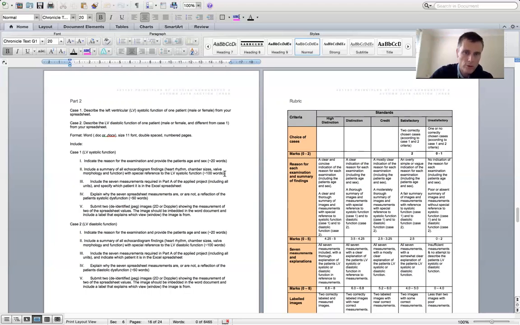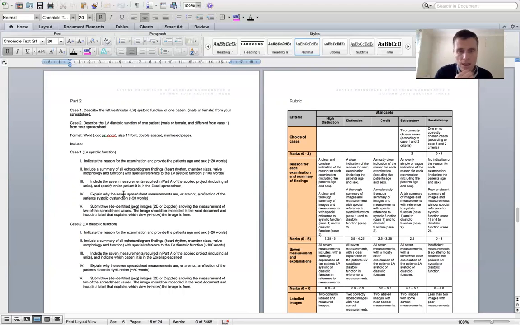So the report that you end up generating, you summarize and include things like rhythm, chamber size, valve morphology, and function. You include the 7 measurements that were part of the first part of the applied project.